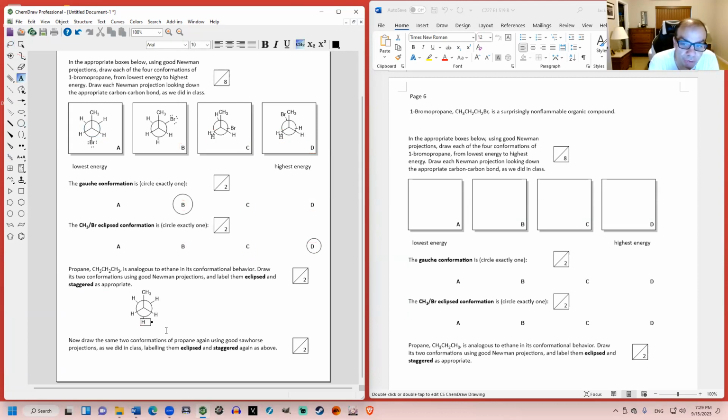So there's propane. It's just like ethane, except it has an extra methyl group. And you can put the methyl group in front or in back. Either way is fine. That's going to be your staggered conformation.